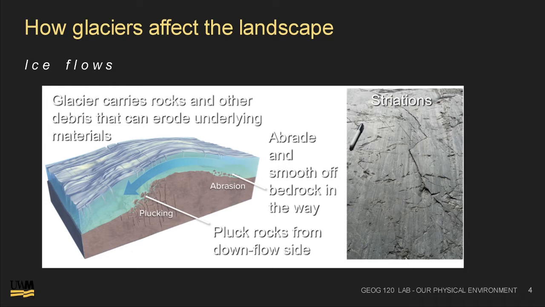And when it does that, obviously there's a huge amount of force exerted just due to the weight of the ice. And it can scrape away rock faces, it can push debris such as plucking or abrasion. And glaciers also transport this material.